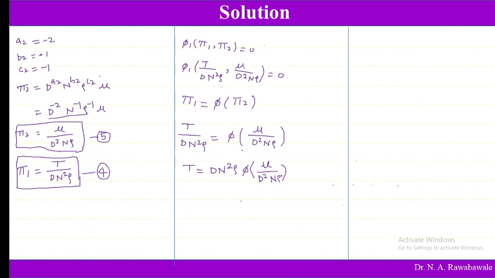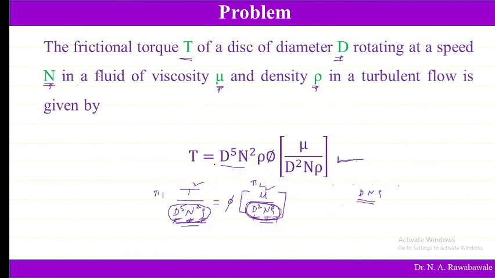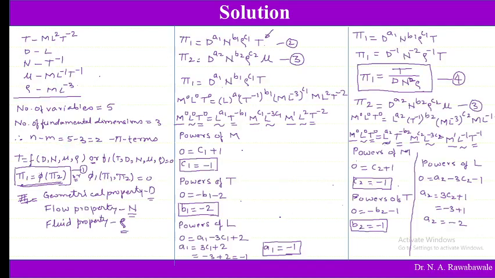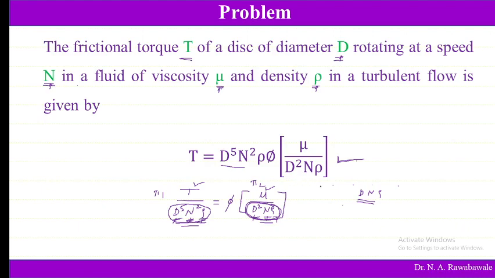So now we can see the question given. T is equal to d to the power of 5 n square rho psi of mu divided by d square n rho.